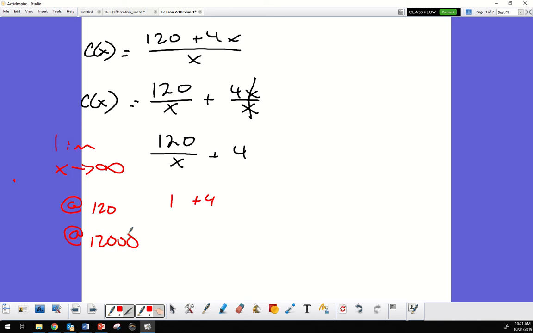This works out pretty well. So if I calculated this, what do we get at 12,000? So 120 over 12,000.